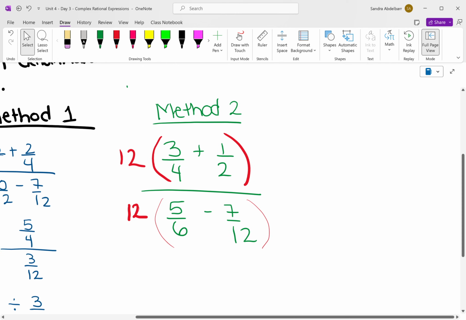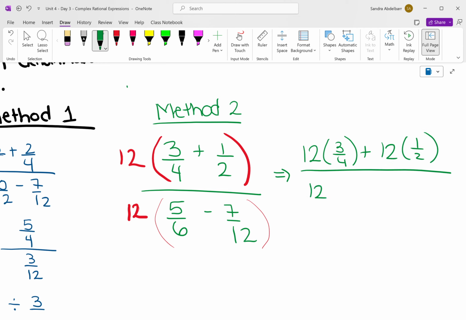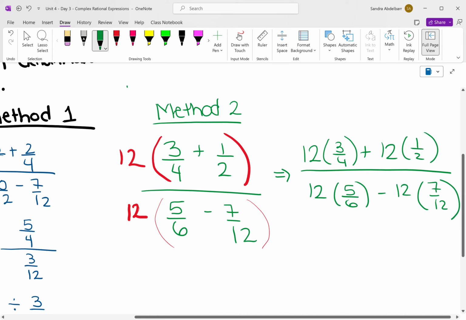But now that 12 needs to get distributed in, right? Because there's that plus sign. So this is going to be 12 times 3/4 plus 12 times a half over 12 times 5/6 minus 12 times 7/12.